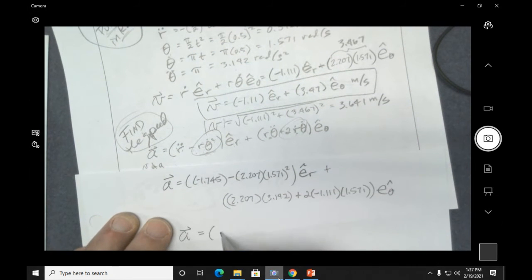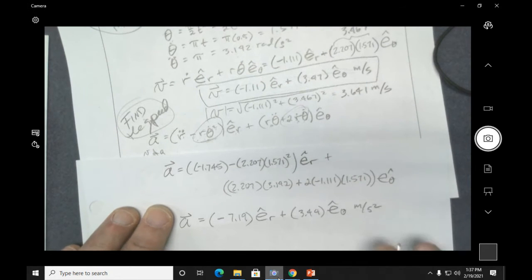You do that, and you get negative 7.19 e r plus 3.44 e theta, meters per second squared.